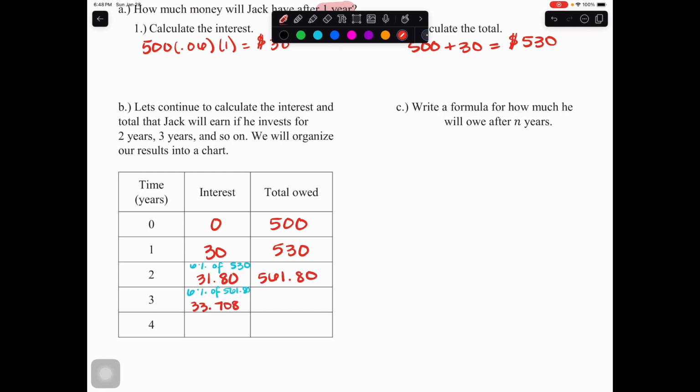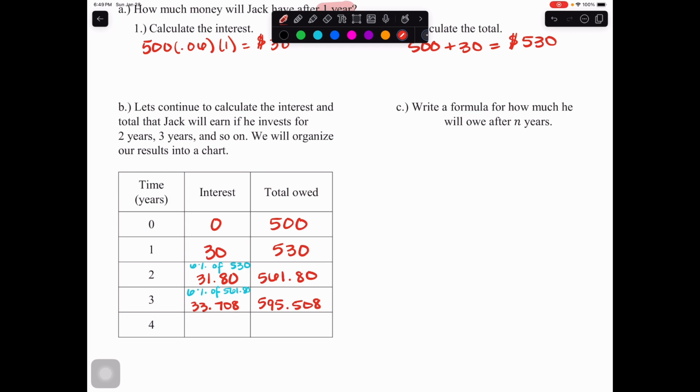And yes, I know this is money, so does 0.708 really make sense? No. But for the purpose of what I'm trying to show you overall, for right now, we're going to leave these decimals as they are, even though we know money really should be to the nearest hundredth. So if I add 33.708 to my most recent total of 561.80, I'm going to get 595.508.